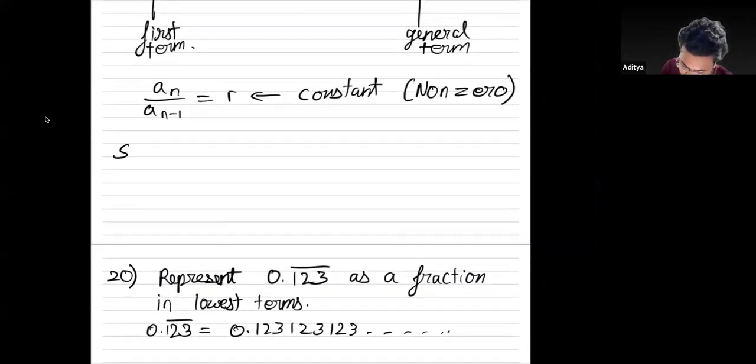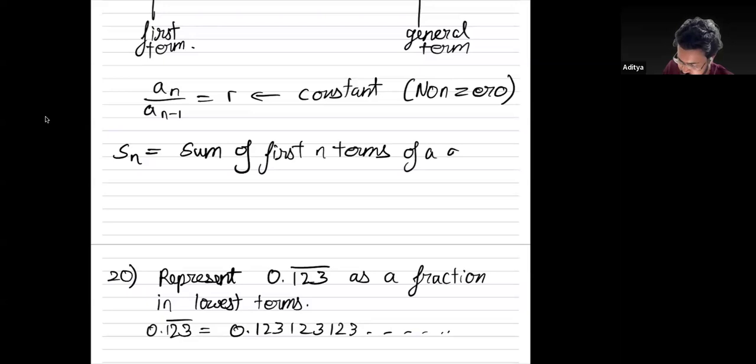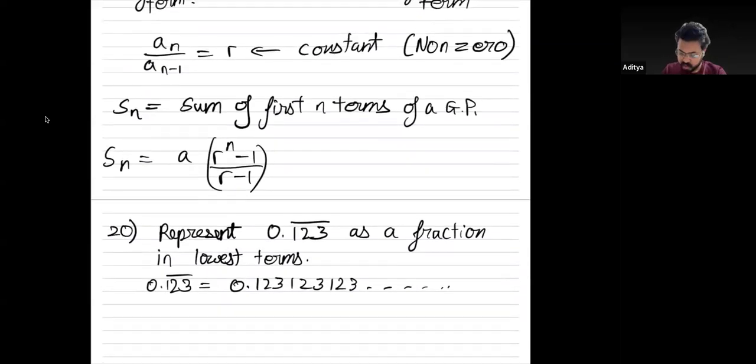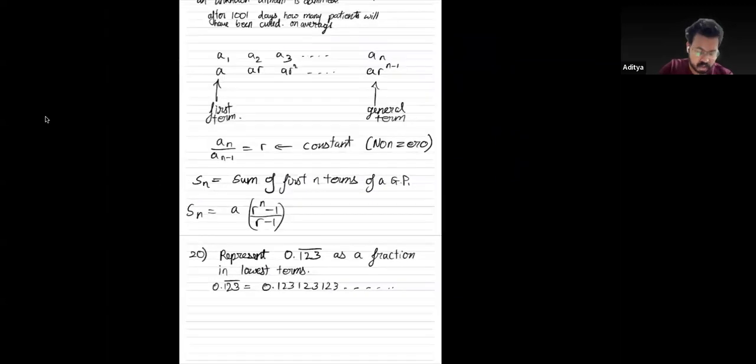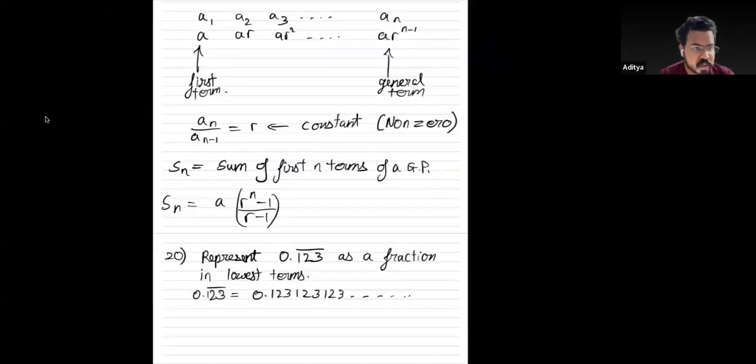One more thing that I'll mention is Sn is equal to the sum of the first n terms of a GP, which is equal to a times r to the power n minus 1 over r minus 1. So you can keep this in mind while solving question 20. You have to find the answer in lowest terms.